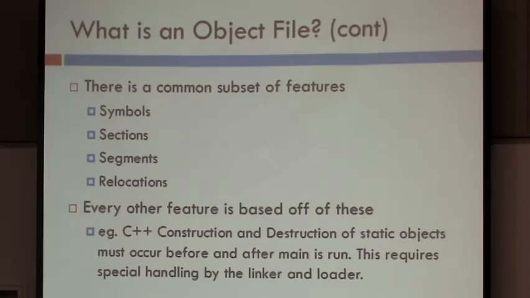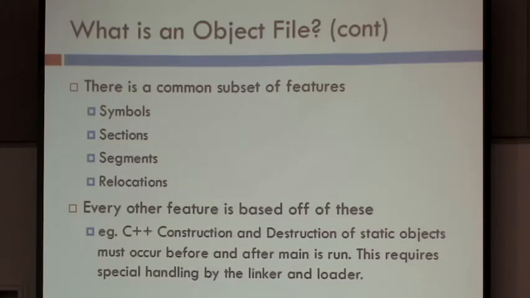This can be either defined in this object file or defined in an external object file. And there are sections which actually contain raw data, such as the text section, which contains executable code, and data, which contains your static objects. And there are a bunch of other sections, but those are all very platform-specific sections.